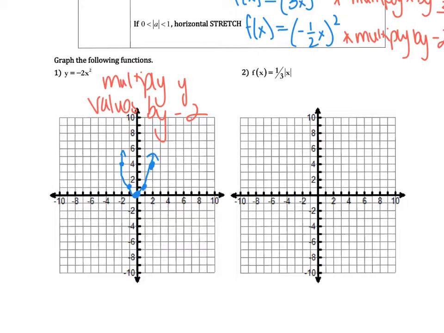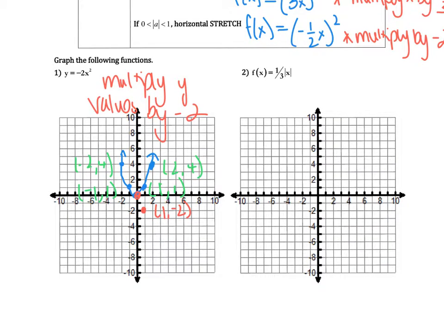So if I were to go ahead and list out these ordered pairs, we would have 1, 1, 2, 4, -2, 4, and -1, 1. Okay, 0, 0 is going to stay the same. And then I just need to multiply each value by -2. So my next ordered pair, if I'm looking at this one right here, is going to be 1, -2. Okay.